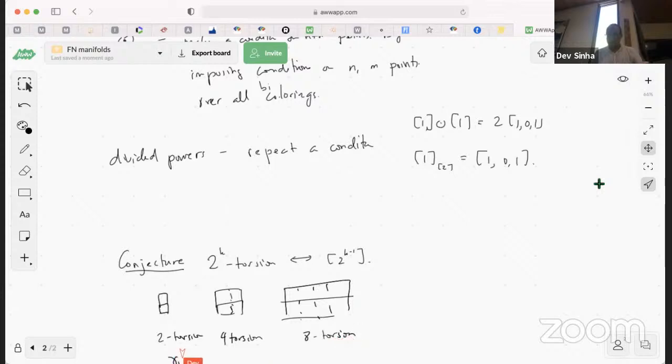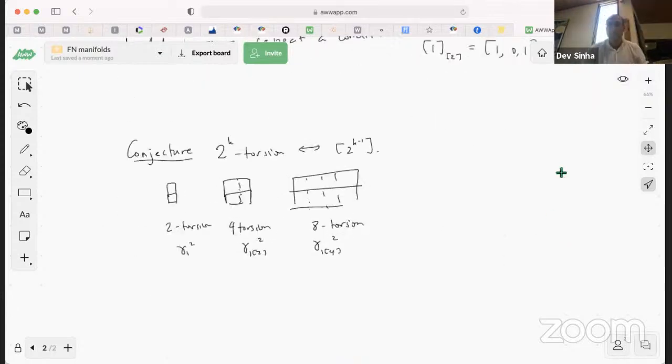So this is gamma 1 squared. This is gamma 1 divided power 2 squared, gamma 1 divided power 4 squared. And I claim these are the first torsion classes, the lowest degree ones. And this family continues, but more generally, in the skyline point of view, there's going to be some deeper torsion when these columns get repeated because of this divided powers structure.